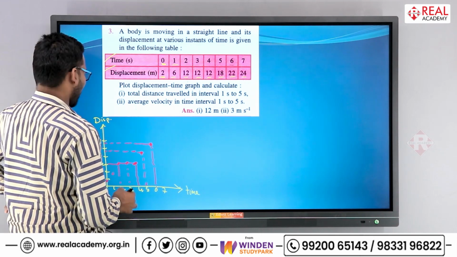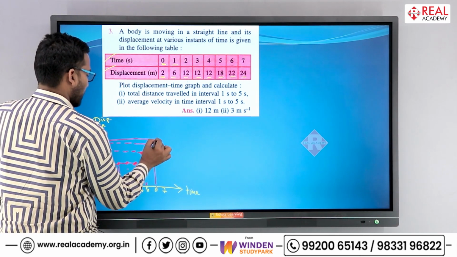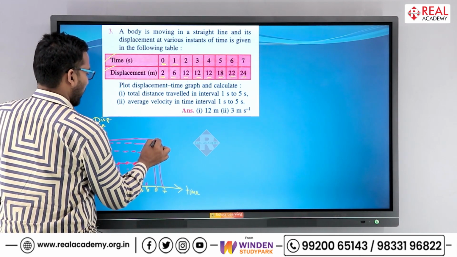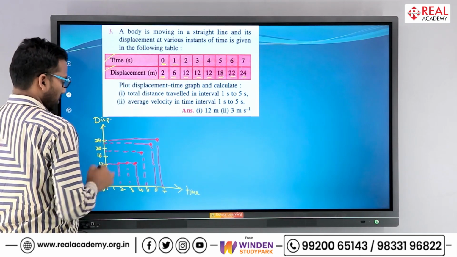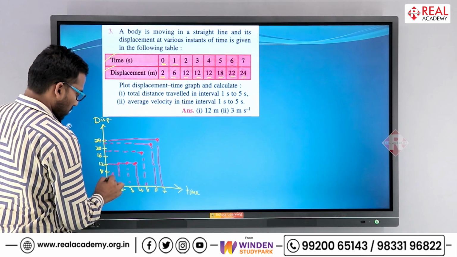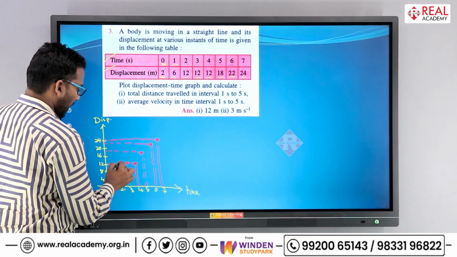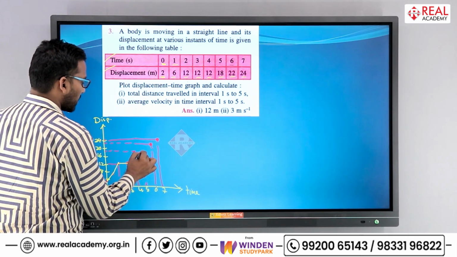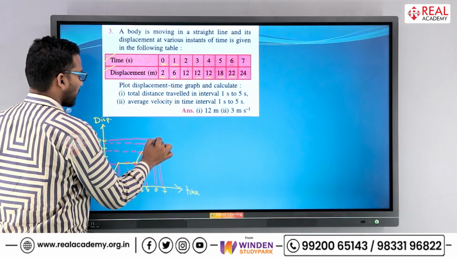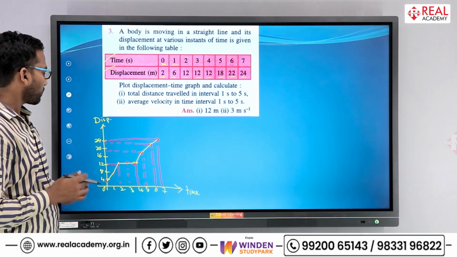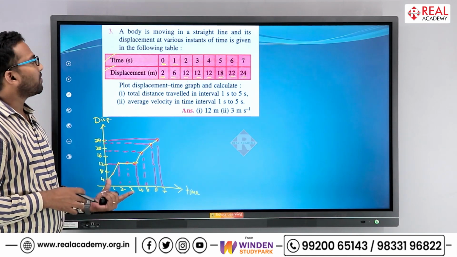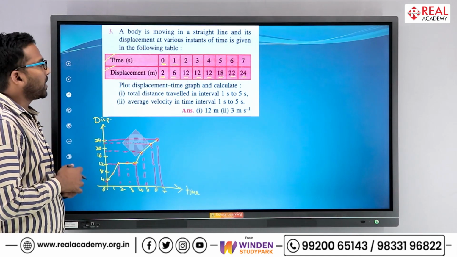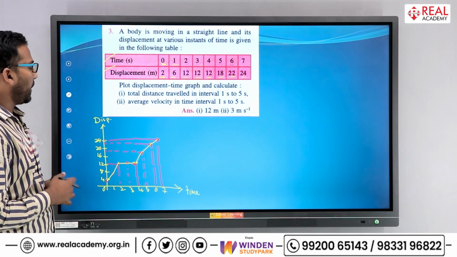And for 7 seconds the displacement is 24, right? So here we got all the points. So in that way you will have the graph with respect to the data given on the table.